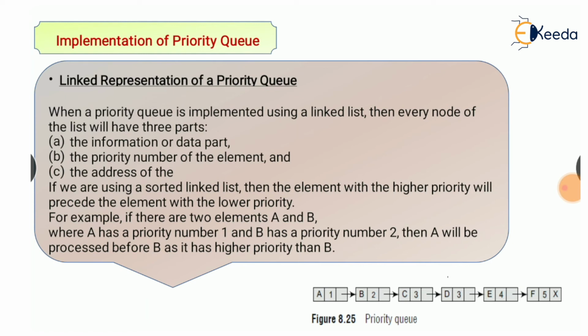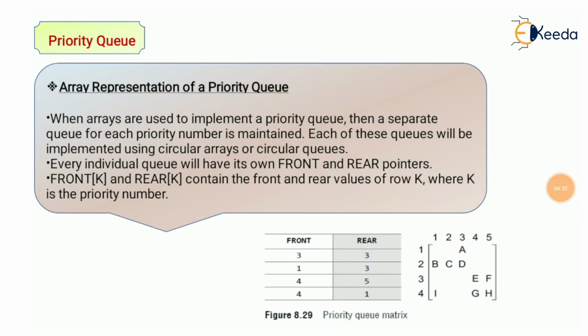So whenever we are using linked list representation for the priority queue, we represent it in the manner shown in the figure.